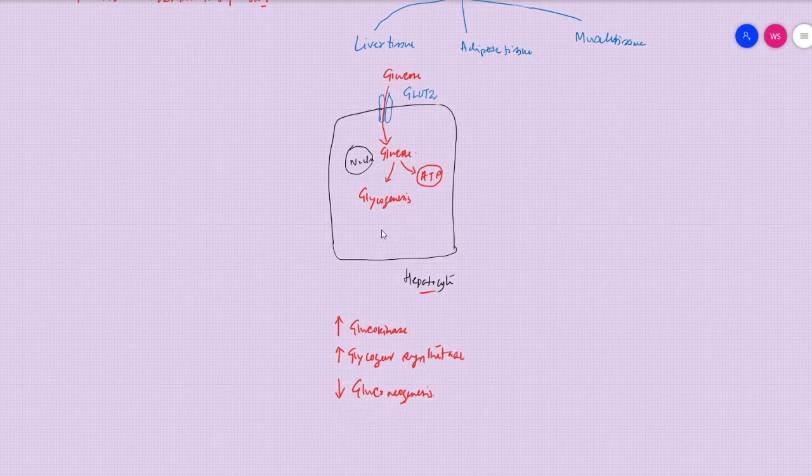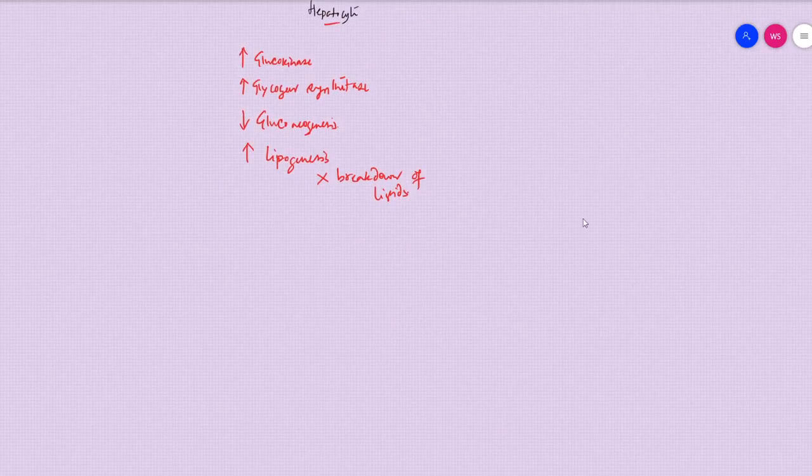And what happens to the lipids? There are also lipids within the hepatocytes, so insulin increases lipogenesis. There is no breakdown of lipids, because if there is breakdown of lipids, then we find ketone bodies.